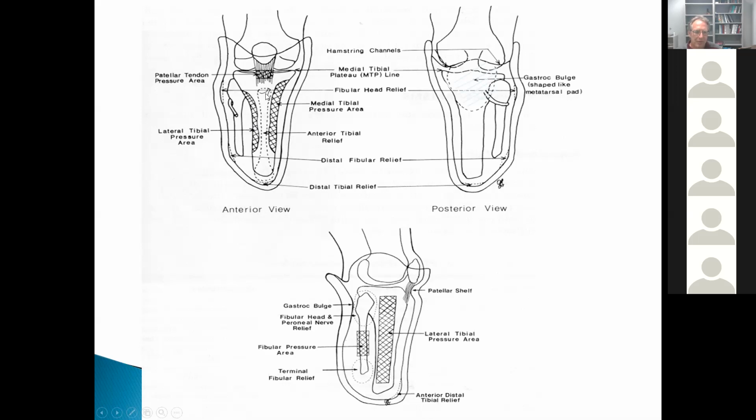So of course this anterior tibial blade, they call it, the very sharp front of the tibia, is pressure intolerant, and especially here, the anterior distal tip, because remember, and we're going to talk about this a lot because it's really important in patients with transtibial amputation, they do not have a foot that goes to the ground.